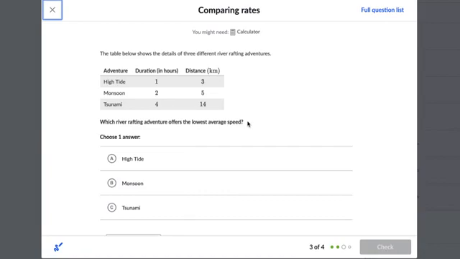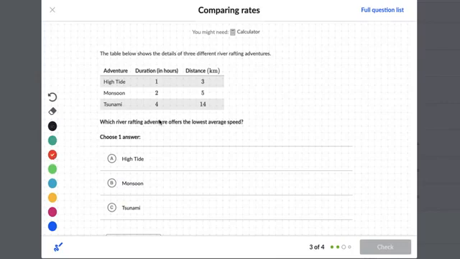Okay? So if you think about speed, whenever people talk about speed, they talk about things like miles per hour, right? How far you go for every hour. The only difference here is it's not miles, it's kilometers. So it's going to be kilometers per hour.